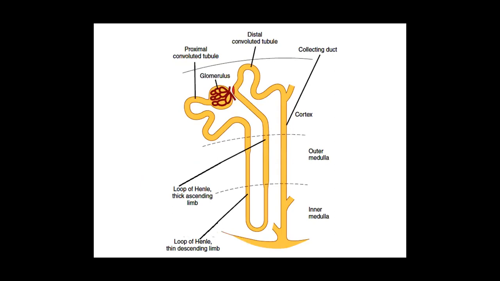So if we try to understand the physiologic anatomy of the transport instrument, this is the classical picture of the nephron, and let me show you the different territorial locations where transport is taking place.